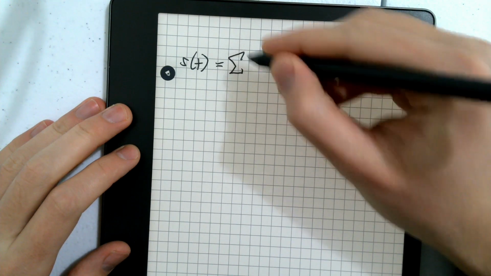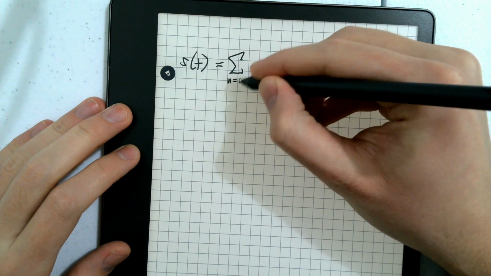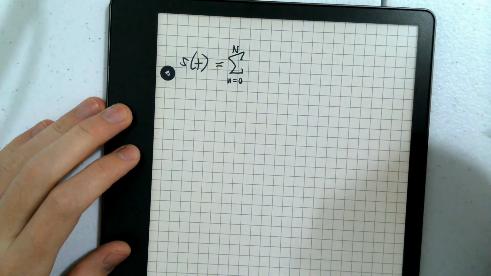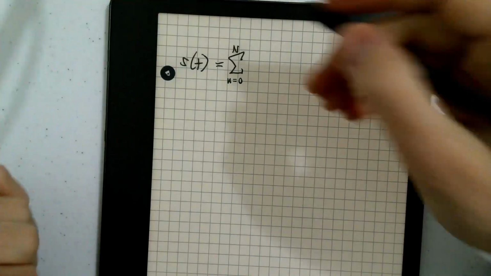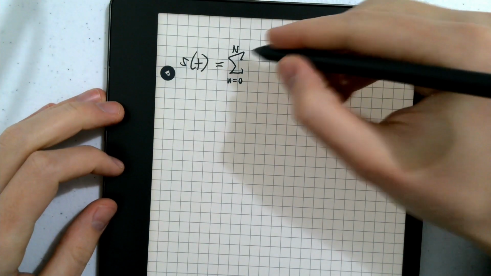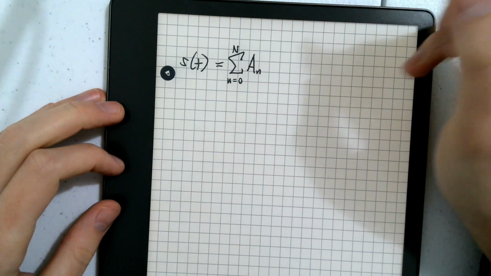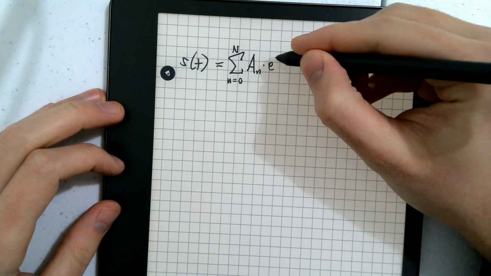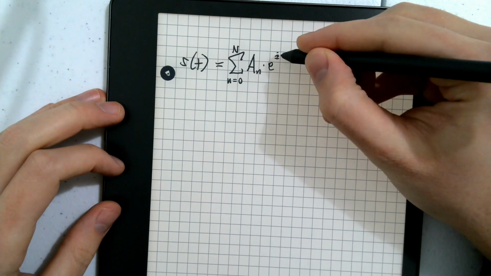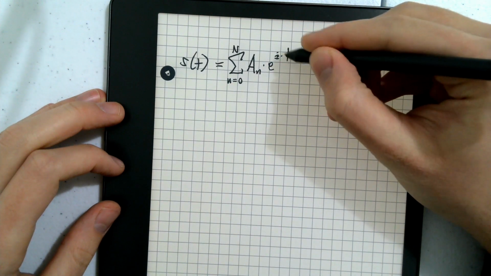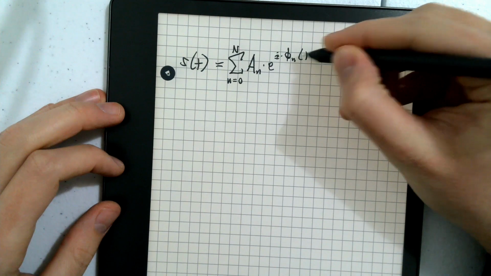So this is equal to the sum, and we'll use small n equals 0 through big N. So the n represents which component, because if we have all these harmonics, small n represents just which component of the signal that we're looking at. Now we also have the big A, that's amplitude sub n, so each component has its own amplitude. E to the i phi sub n of t.